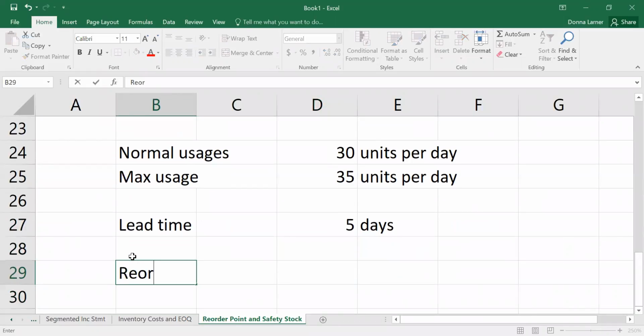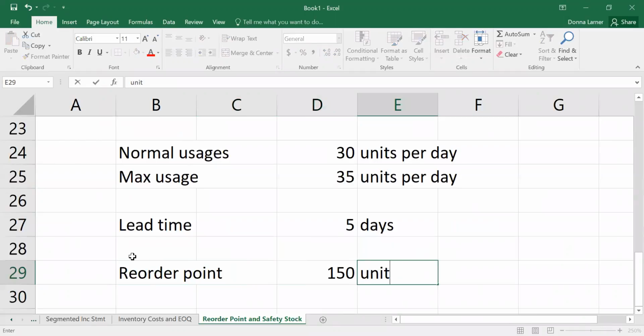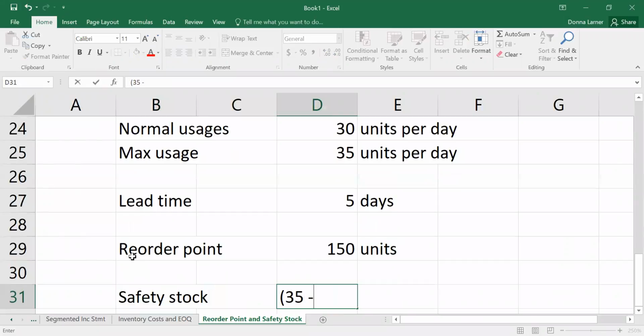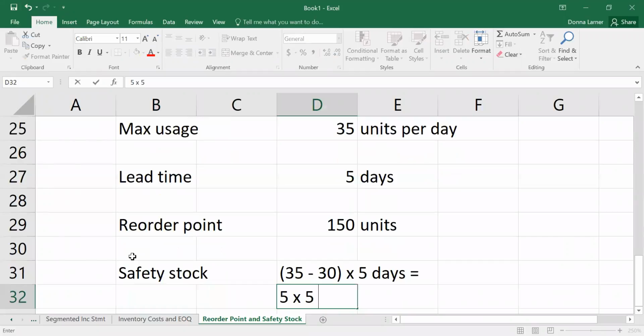So we said the reorder point was 150 units. So you figure safety stock. We take the maximum minus the normal and times that by the lead time. That's 5 units times 5 days, which equals 25 units.